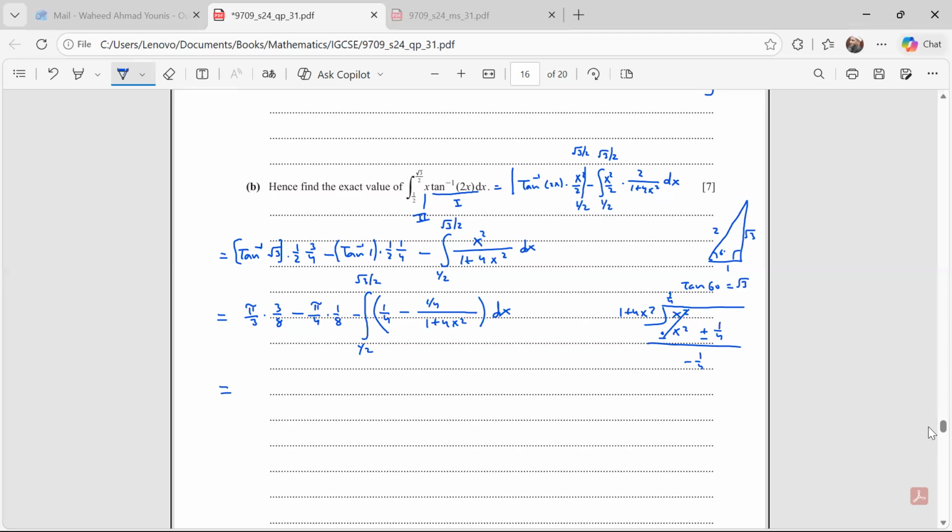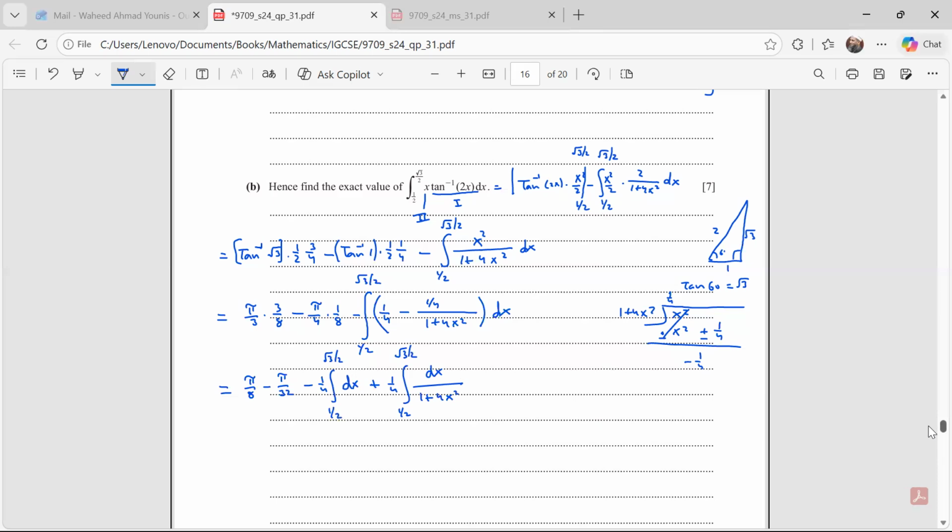Okay, so this will cancel here and will be pi by 8 minus pi by 32. Okay, this will be minus 1 by 4 dx, and again minus minus plus 1 by 4, and dx over 1 plus 4x squared, and both have limit 1 by 2 to under root 3 by 2, under root 3 by 2 and 1 by 2.